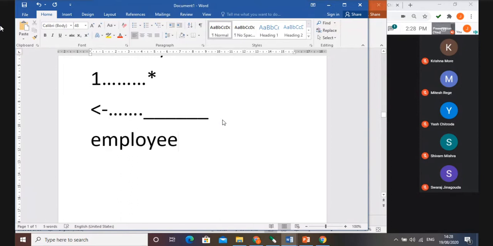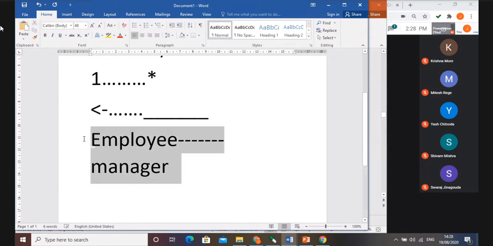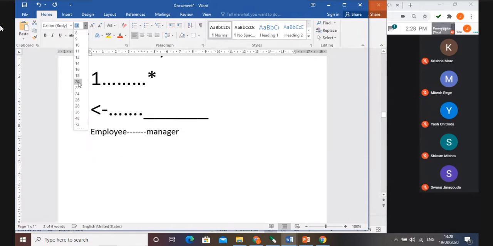Employee is connected with manager, with the relationship works for.